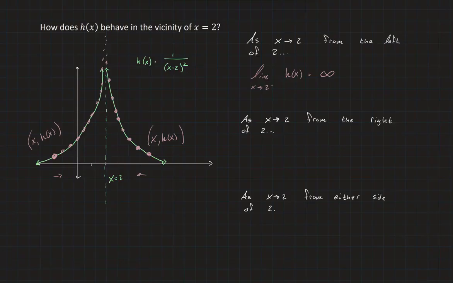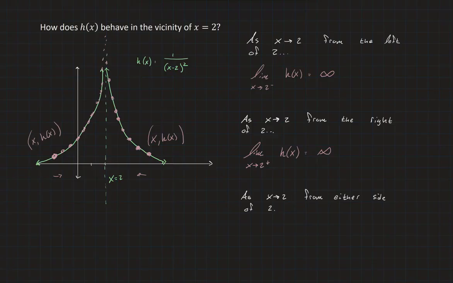If we want to find the slope of a curve at a point, we need to be able to describe how a function behaves at a point and in the vicinity of a specific point. So since we have the same behavior on the right, I'm going to say that the limit as x approaches 2 from the right-hand side of our function is also infinity.